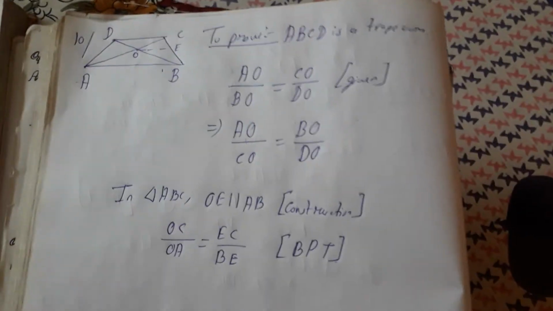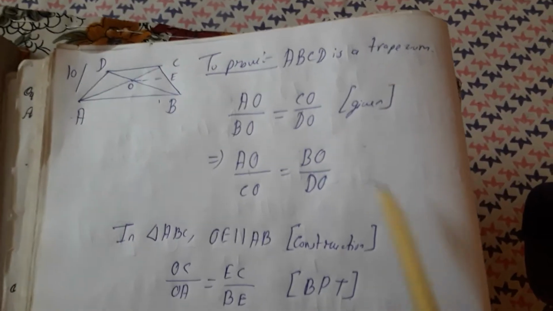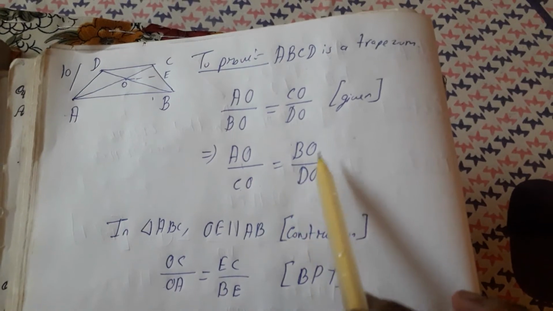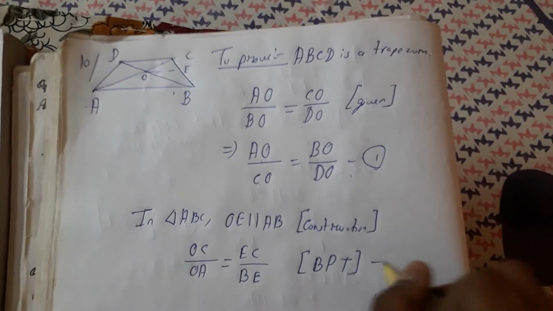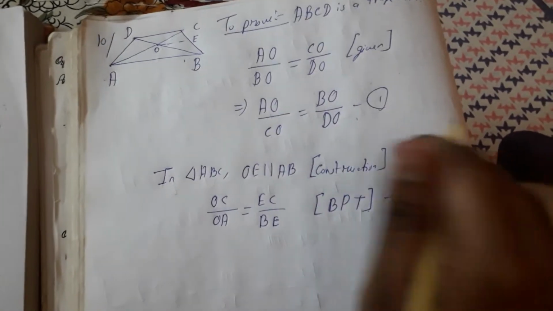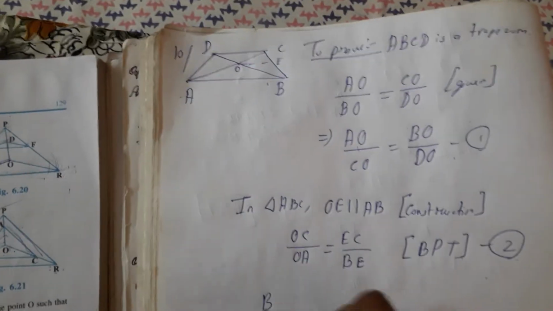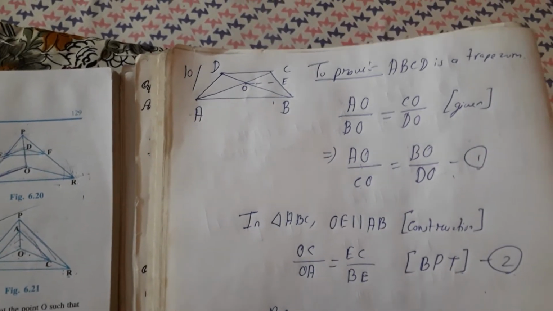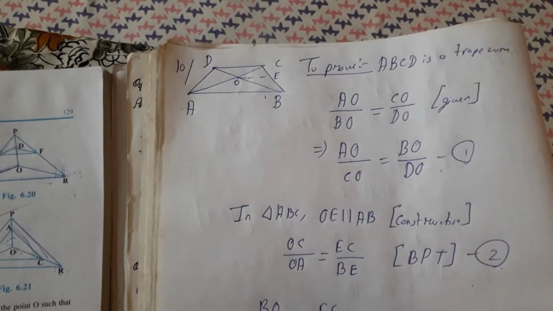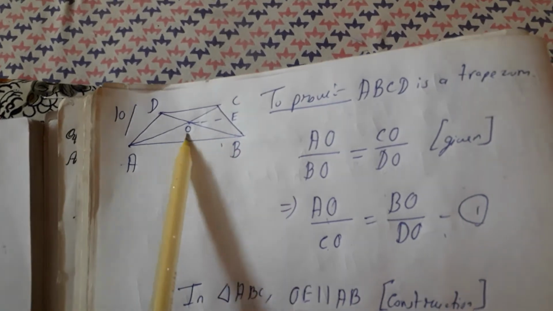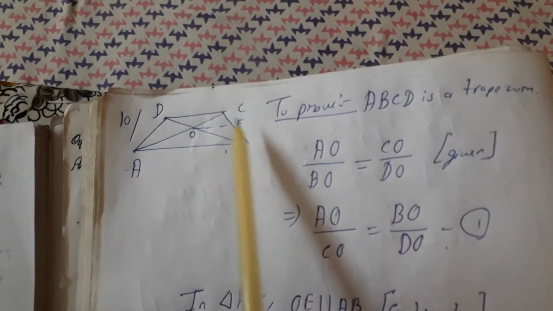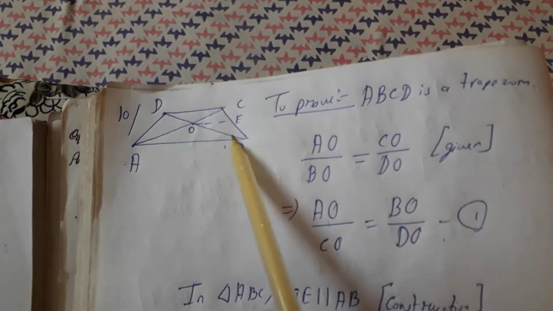But we know that AO by CO is equals to BO by DO. So from equation 1 and equation 2 we can say that BO by DO is equals to EC by BE.